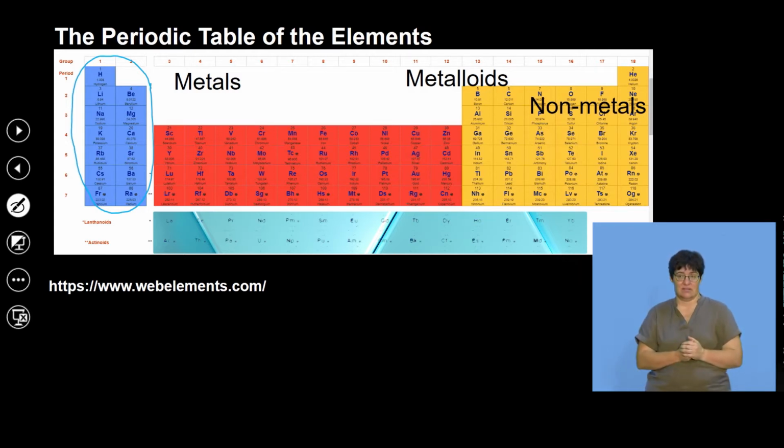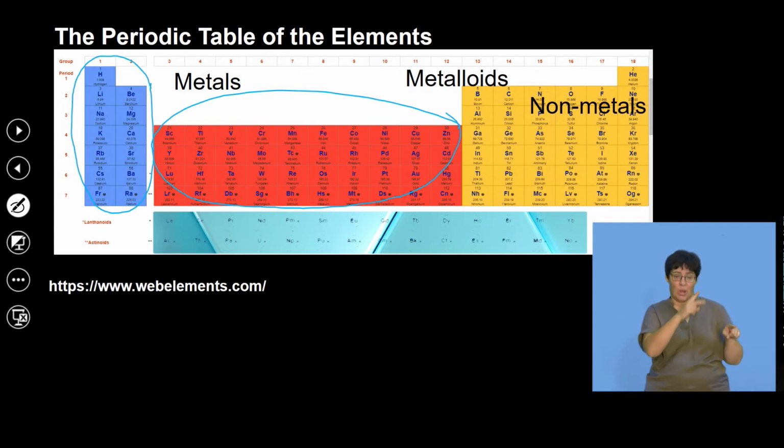We've got alkali metals and alkaline earth metals, okay? And then in the middle, these are our transition metals. So anything that we've circled falls under metals, but there are different categories of metals. We've mentioned that groups are the vertical columns and periods are the horizontal rows. So metals will be further broken down into different categories.